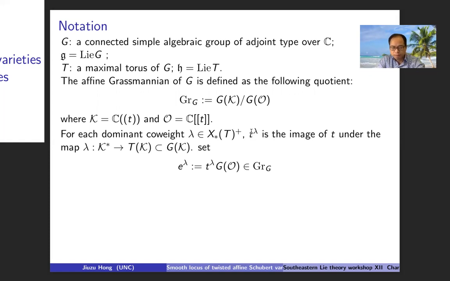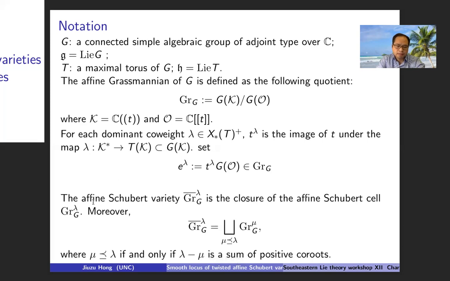I would like to denote t^lambda to be the image of t under this co-character. So this co-character is from K star to T(K), and T(K) is a subgroup in G(K). And then I take e^lambda as the coset t^lambda G(O) in the affine Grassmannian. So this is in fact a T-fixed point in the affine Grassmannian.